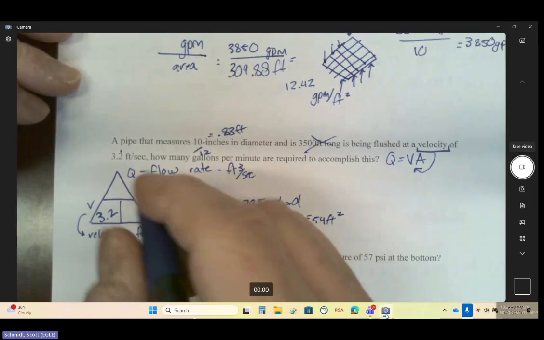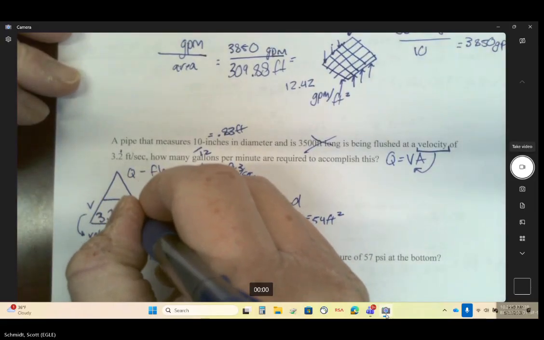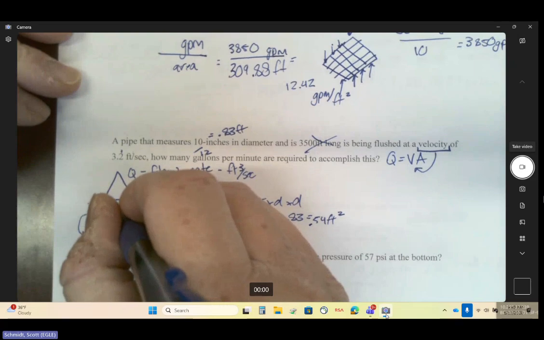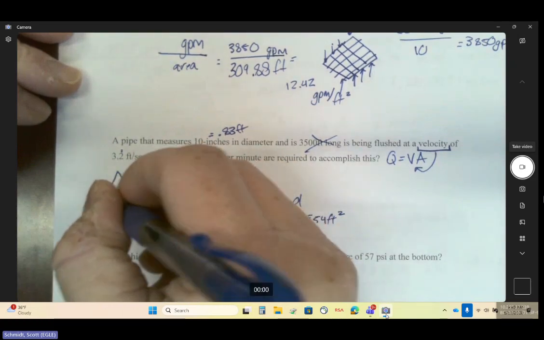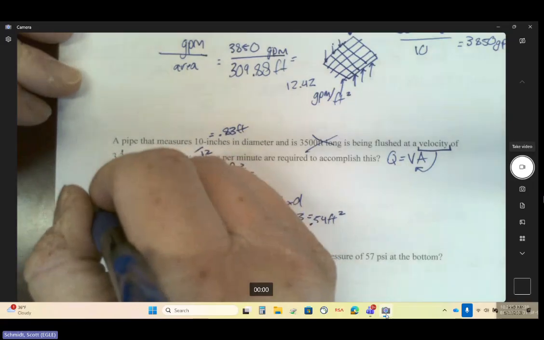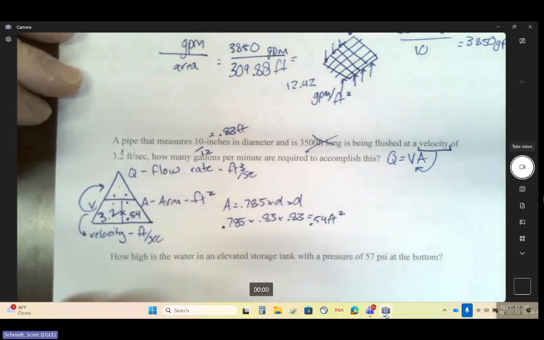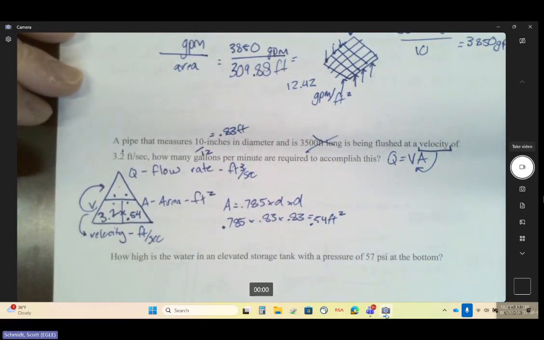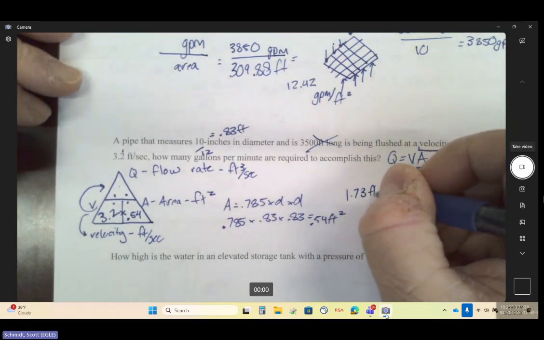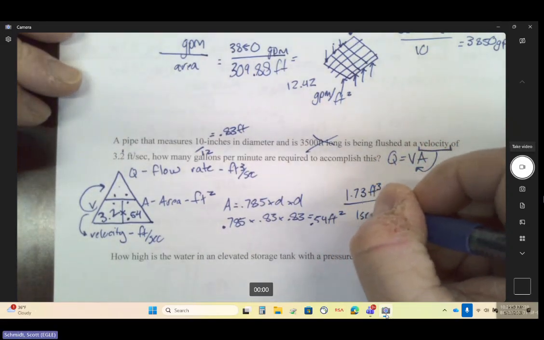So I'm going to put that 0.54 here. Now, how does the continuity triangle math work? Well, if they're across from each other, you multiply. And if they're above and below, like top and bottom, you divide. So we multiply, and that's going to give us our Q. So 3.2 times 0.54 gives us 1.73 cubic feet per second.